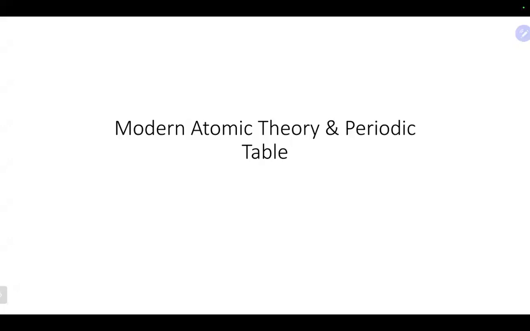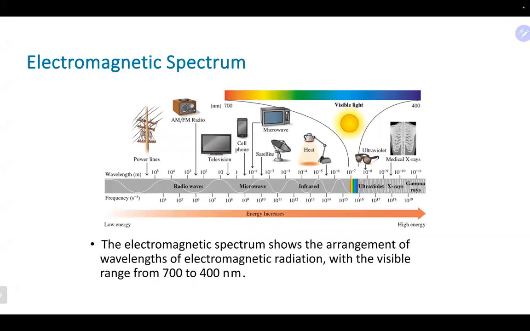All right, we're going to talk about electrons and electron configuration, and where electrons are in the atom. Electrons are found on different energy levels, and you can do something to electrons to excite them.